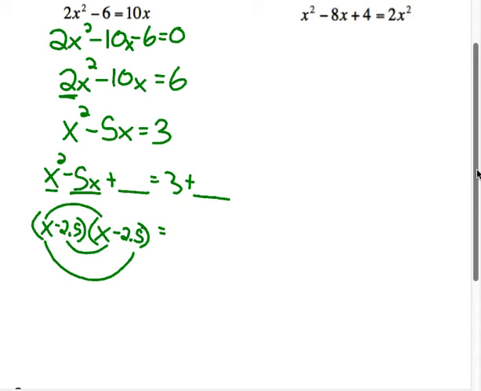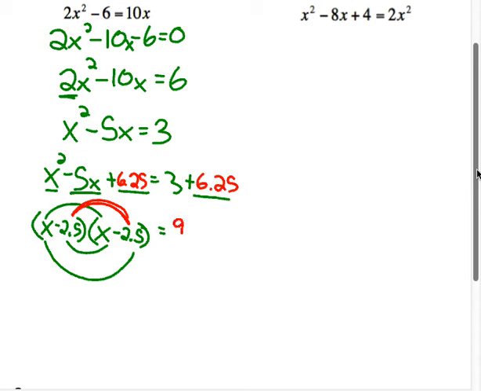Okay, and that's fine. I know it's not the nicest number, but you can definitely work with it. And then remember that final connection right there, 2.5 squared, that is what gives us what we had to add to both sides to get this process to work.